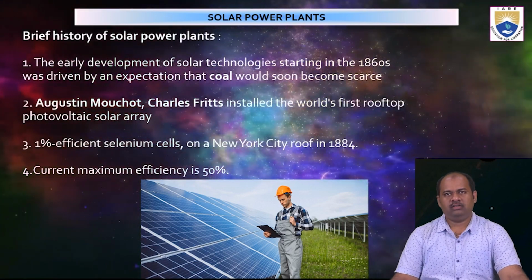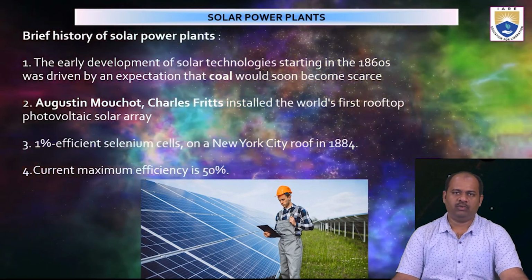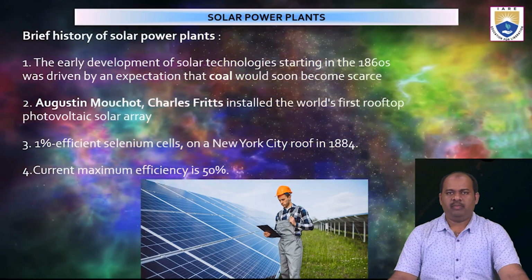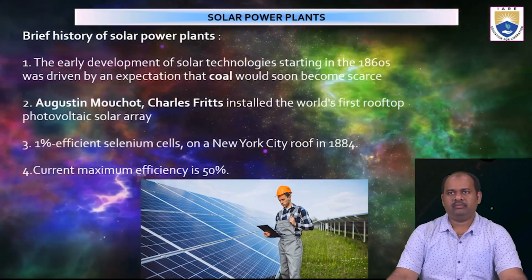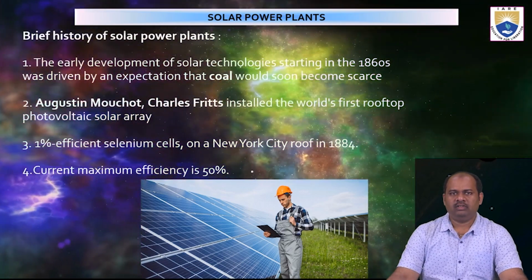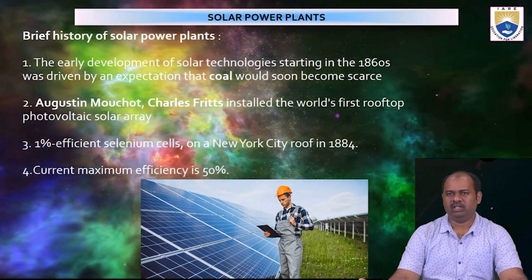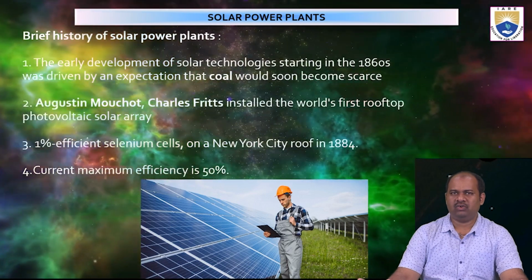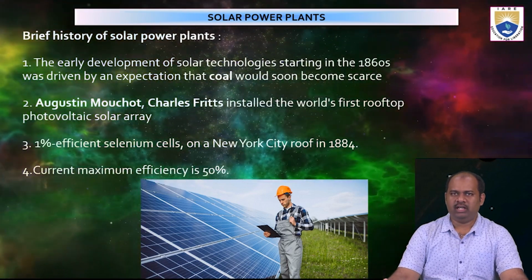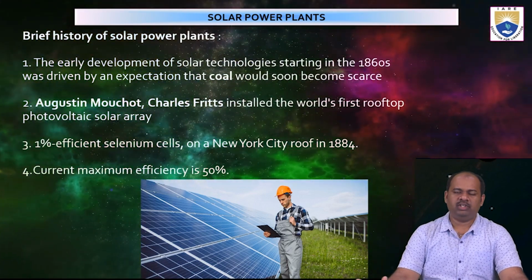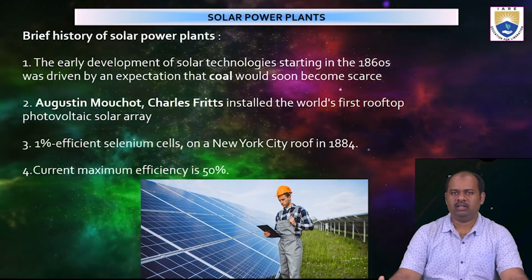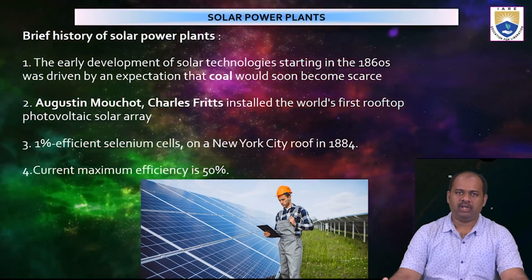Now we'll see the history of the solar power plant. In the 1860s, the first solar panels were developed by two scientists, Augustin Mouchot and Charles Fritts. These are the names of two scientists from America who developed the solar panels.